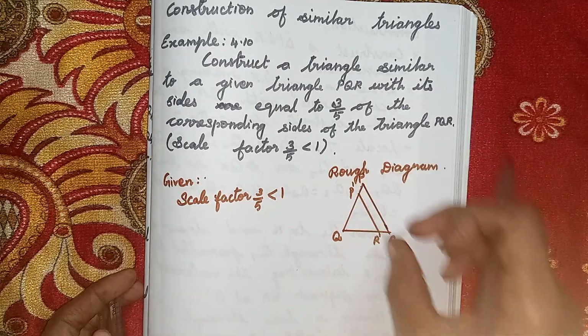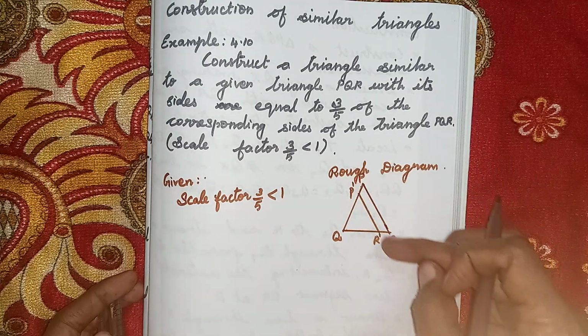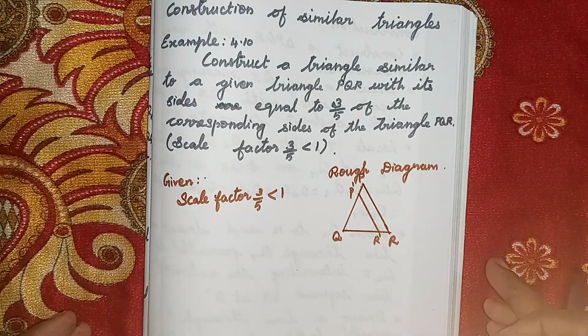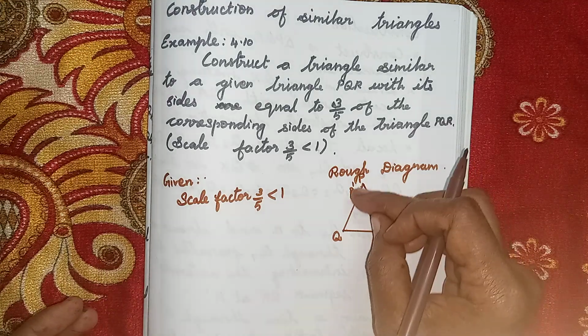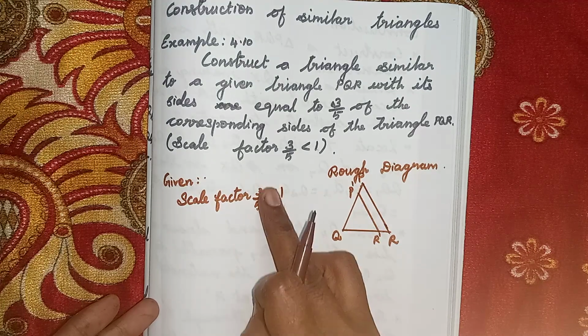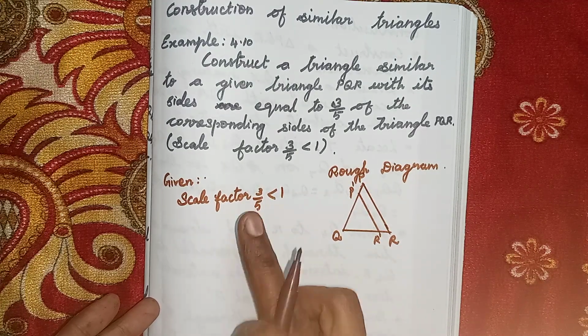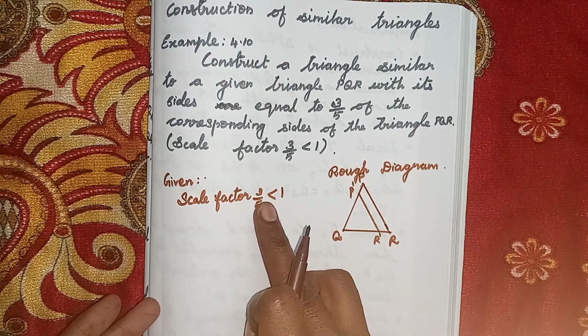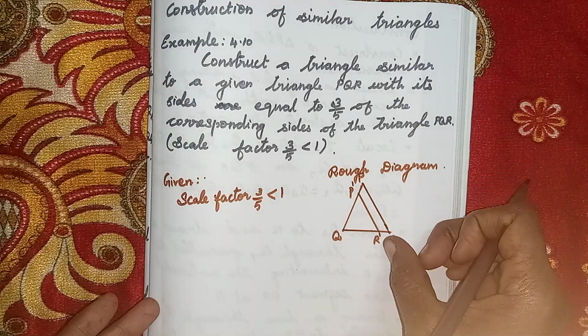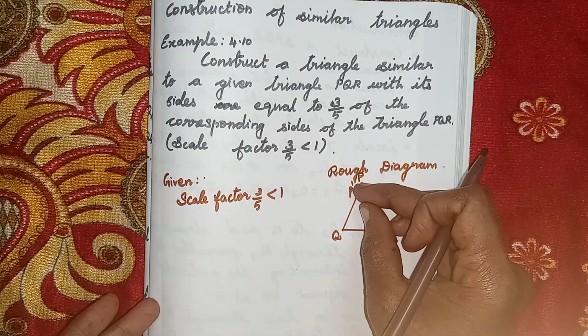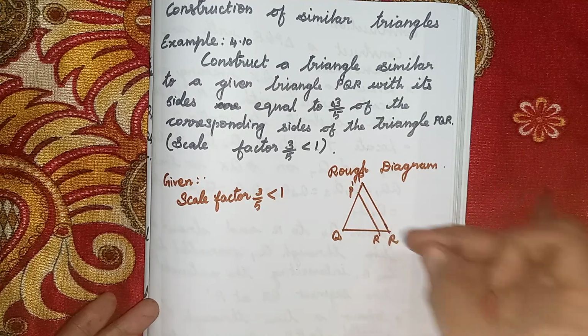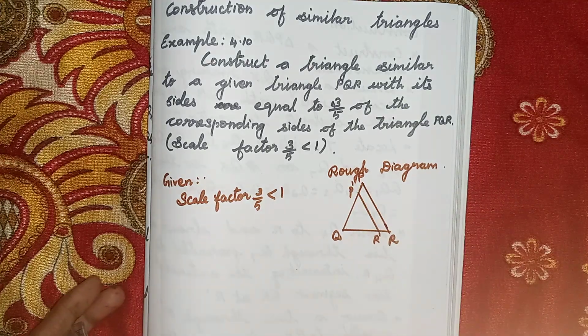This line PR is parallel to P dash R dash. Have you understood that? This much only is the rough diagram.